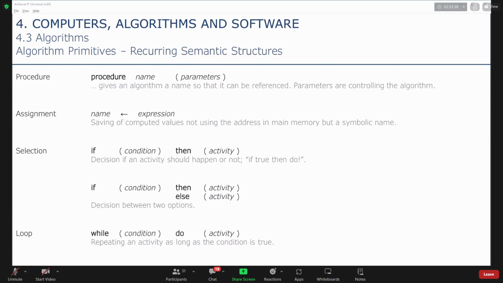And then you have some selections, for example, an if or a while or whatever, where a condition has to be fulfilled. So if the condition is fulfilled, then execute something, and if not, then do something else. So either this or that.